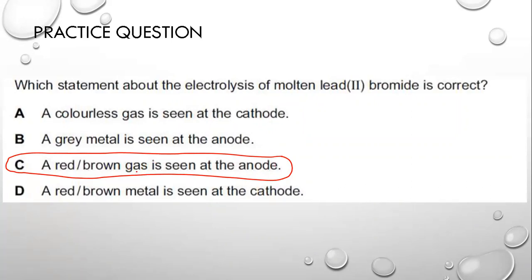So that's a big clue that what they're talking about there is the bromine gas. Also, you know that the product of the anode is bromine from your half equation. So there are lots of other clues that would indicate that your correct answer there is C.